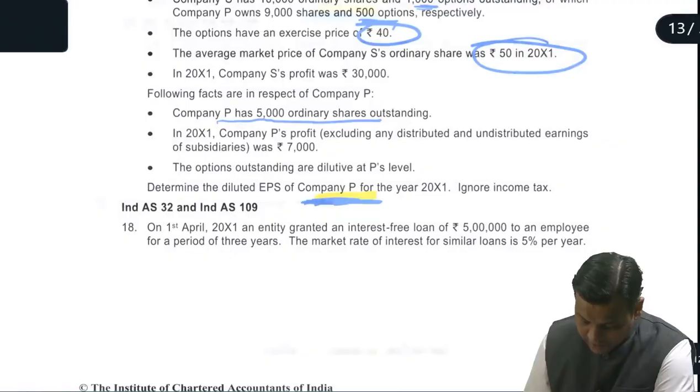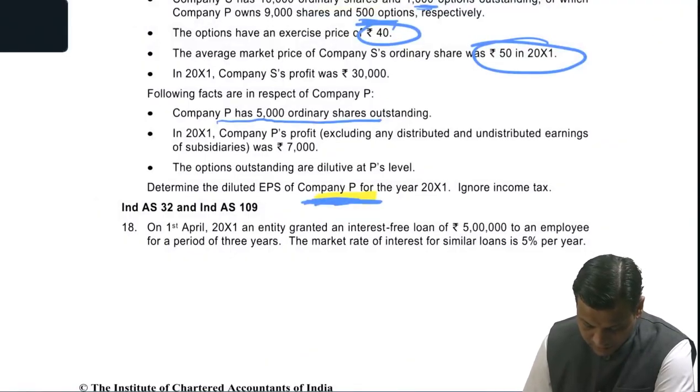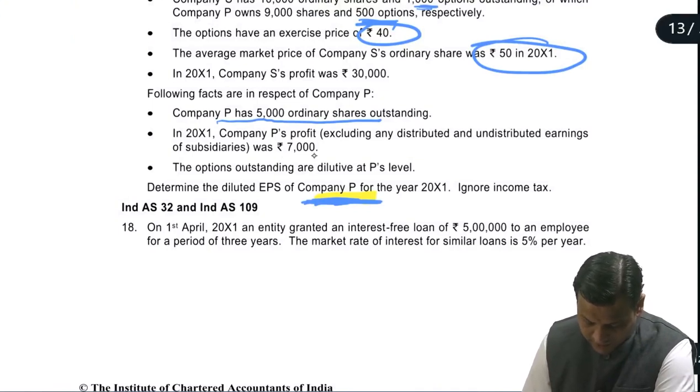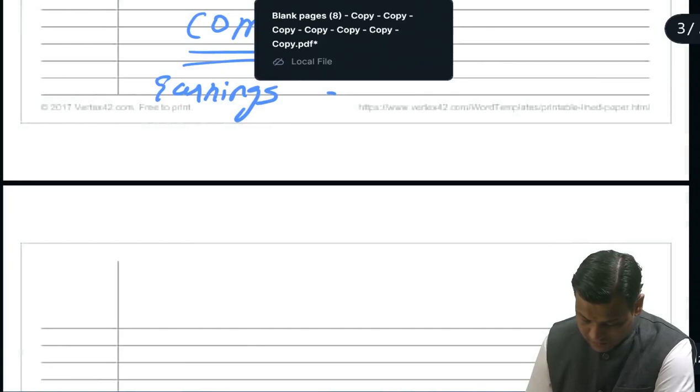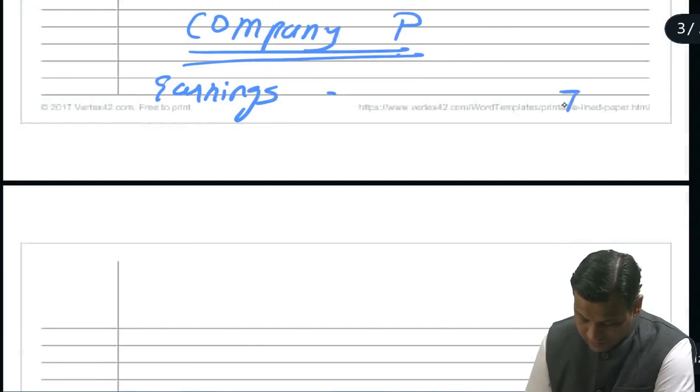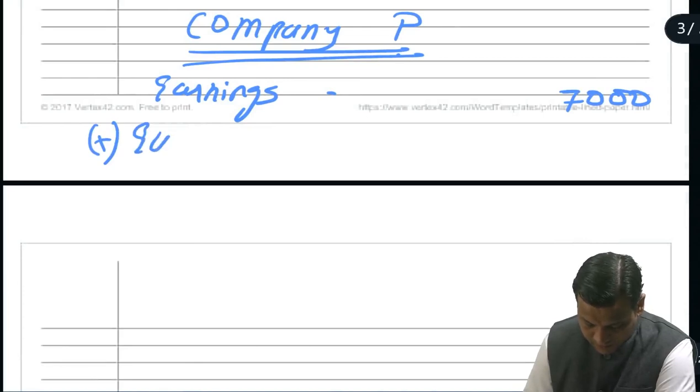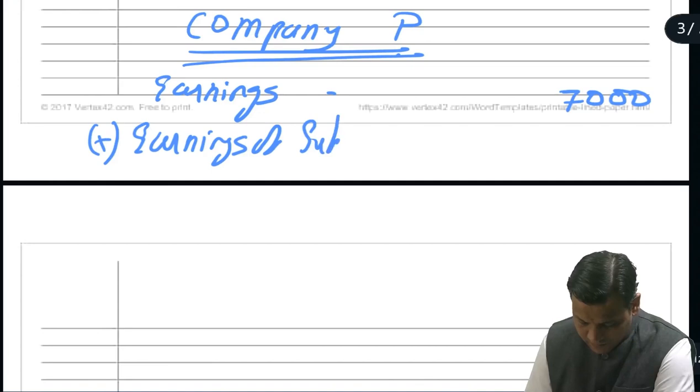Company P's own earnings was 7,000. Plus earnings of subsidiary.